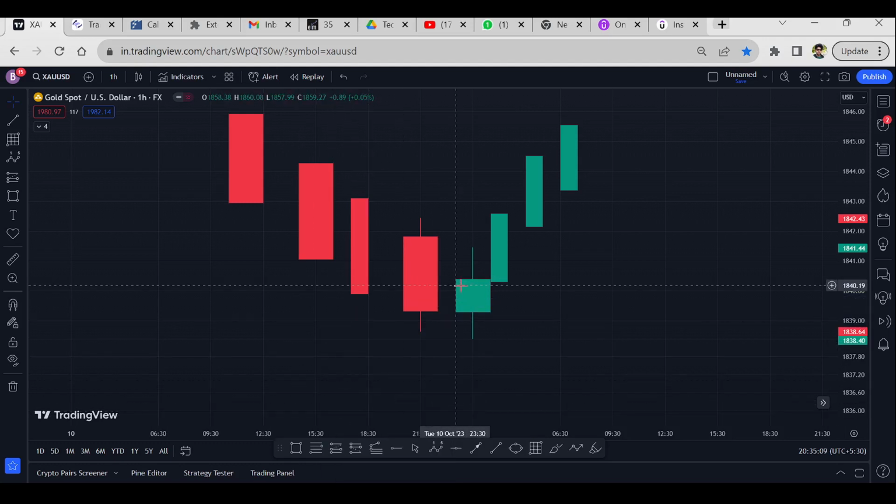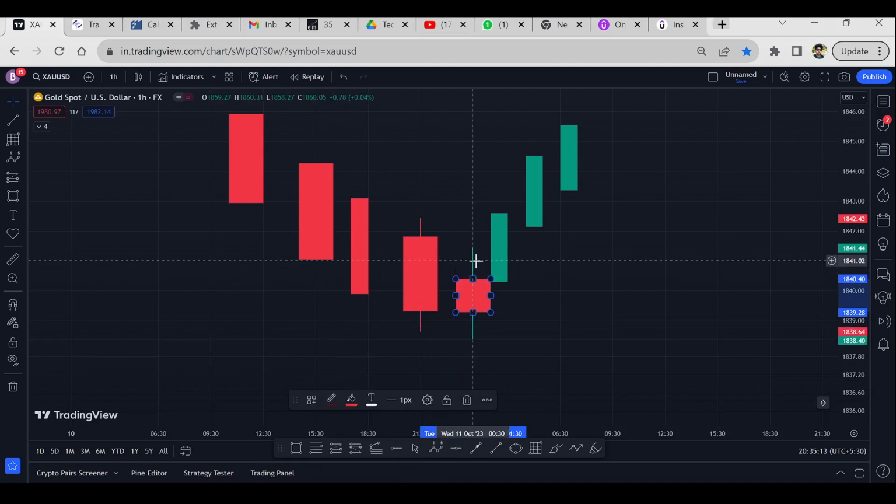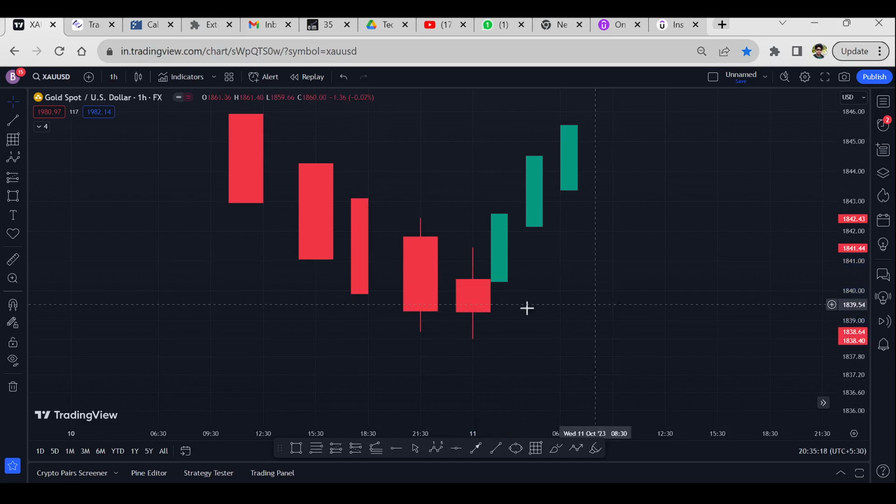Let me change the color of the candle. Let's suppose this is a red candle. This will create a further base candle, and this might become a demand when price comes here.